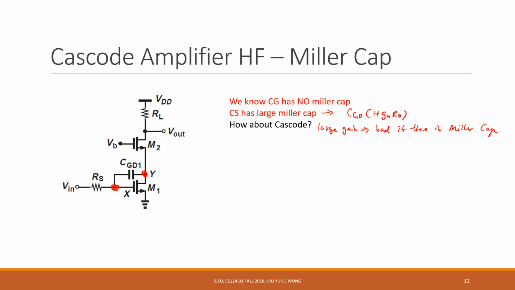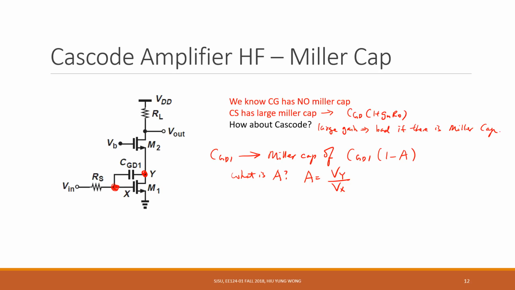What we need to do is just saying that, okay, CGD1 will become a Miller cap, right? Of what size? Of CGD1 times (1 minus the gain), right? Minus A, right? The question is, what is A? A, of course, defined by Vy divided by Vx, right?